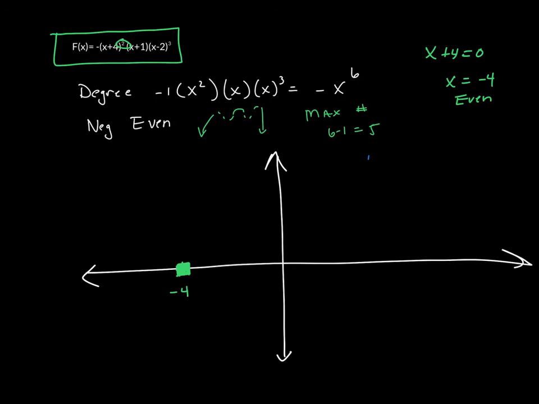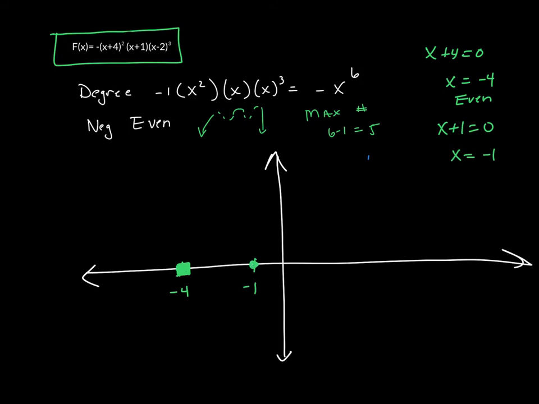All right, the next group that I have is x plus 1 is equal to 0, or x is equal to negative 1. So it will cross at negative 1 because there is no multiplicity with this. There's nothing that's touching there. So I have a 0 at x is equal to negative 1, and it will cross the x-axis there.